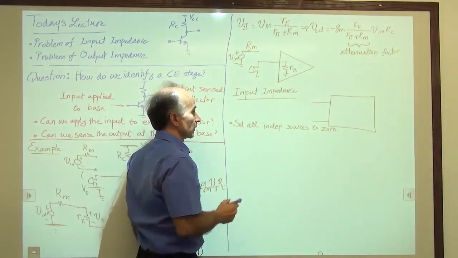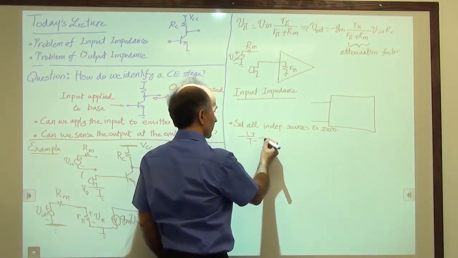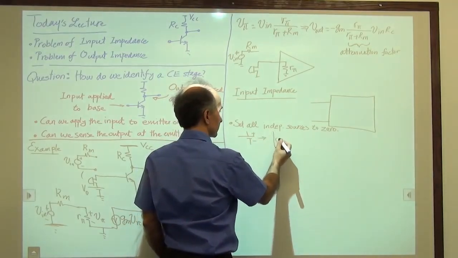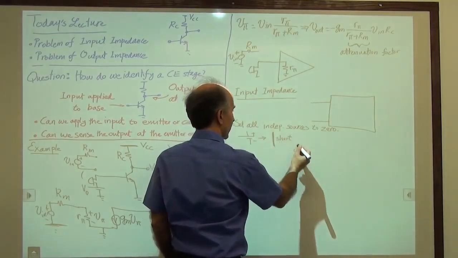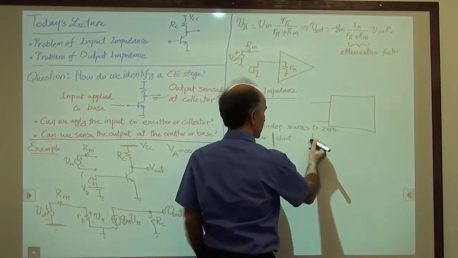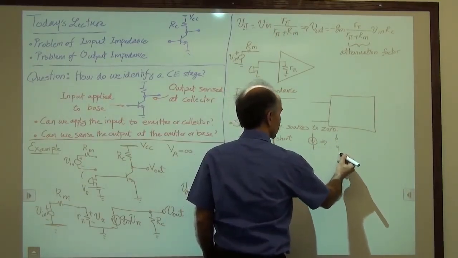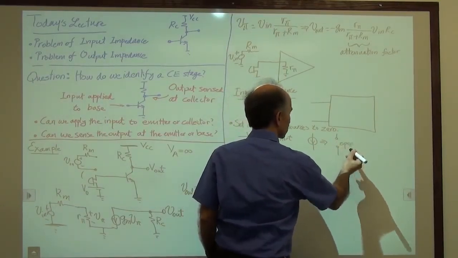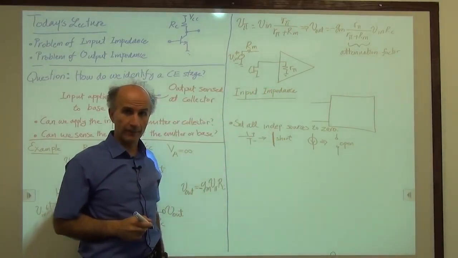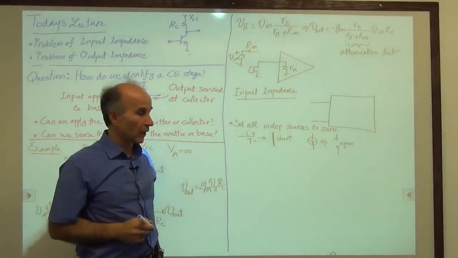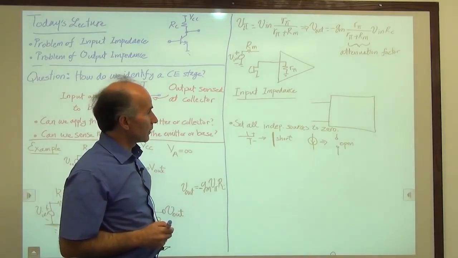So for example, if we have a constant battery, it becomes a short circuit. And if we have a constant current source, it becomes an open circuit. These are examples of independent sources that are set to 0. So after this, what do we do?